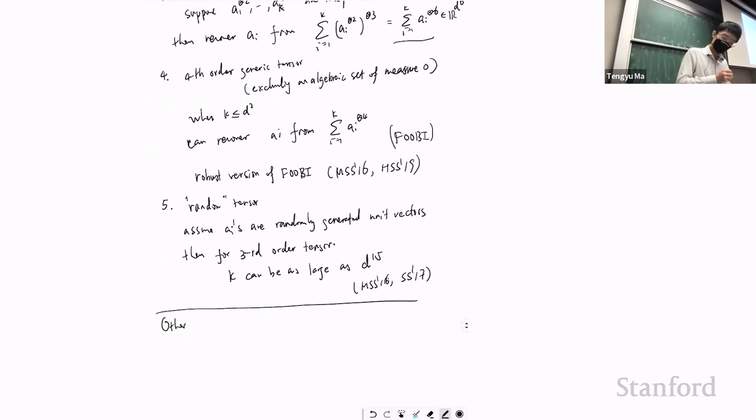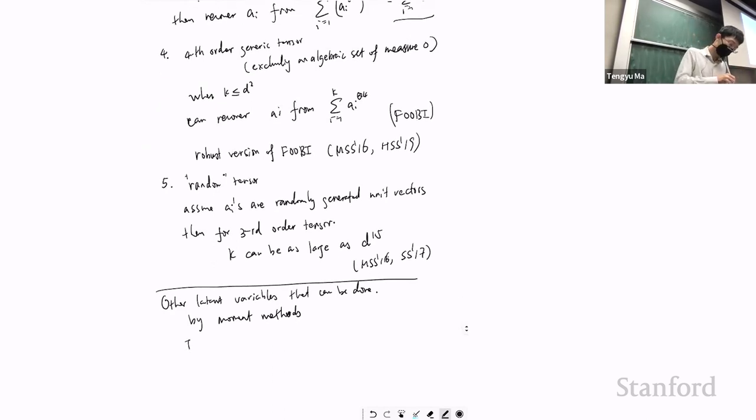Just before we conclude this part, there are other latent variables that can be done by the method of moments, using the same strategy where you first compute a moment and turn it into a tensor decomposition problem. So you can do the so-called ICA, independent component analysis. You can do hidden Markov models, and you can also do topic models. I think there are even more than this, and I'm just listing a few that are most prominent.